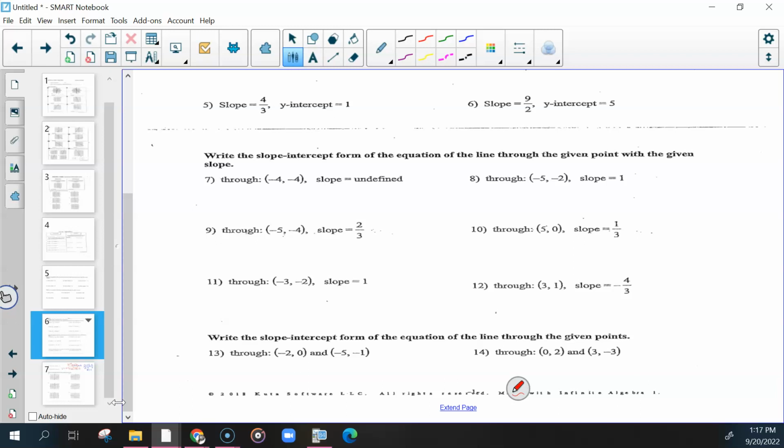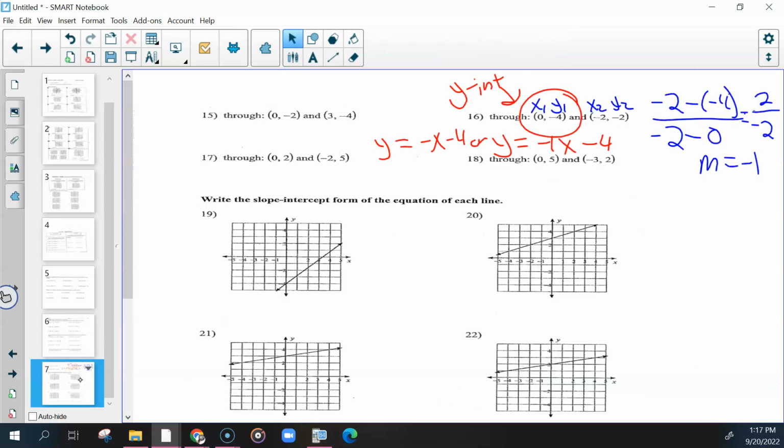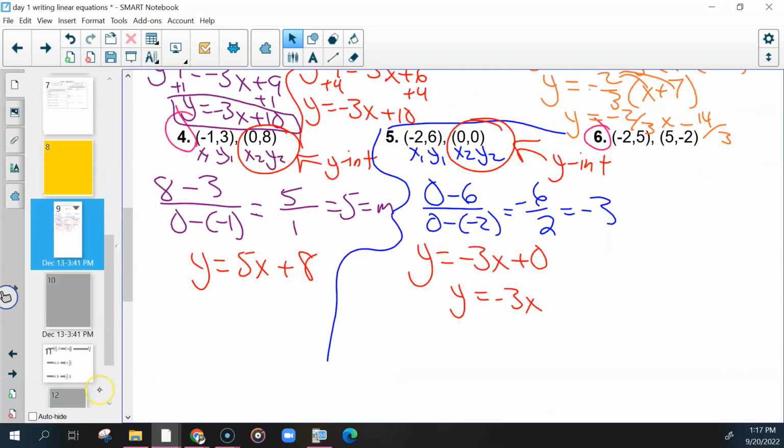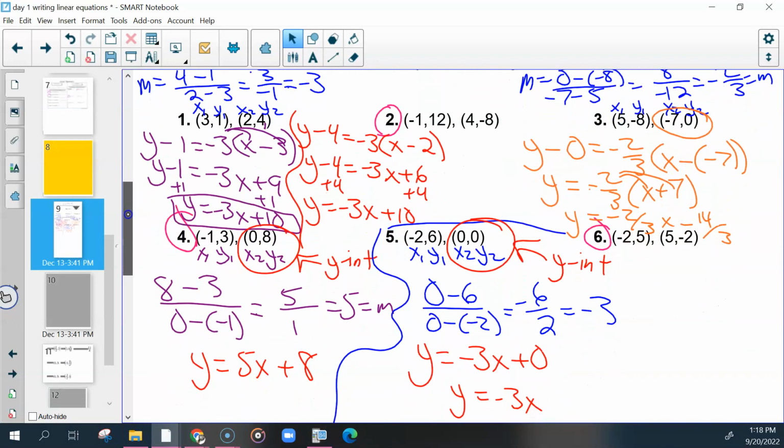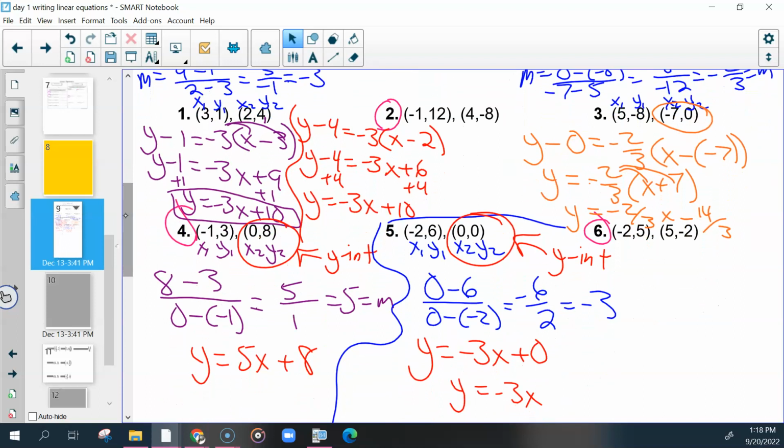So I want you to choose three of the following problems. From this page, we did one, so 2 or 6.